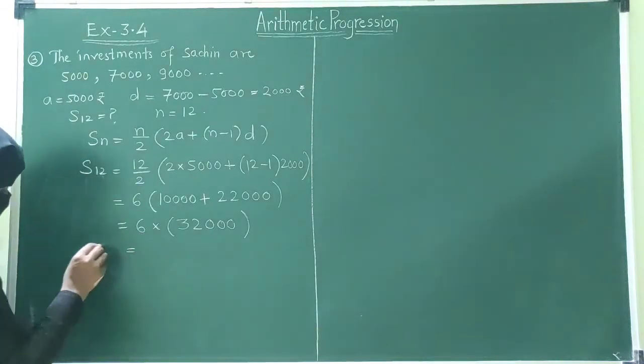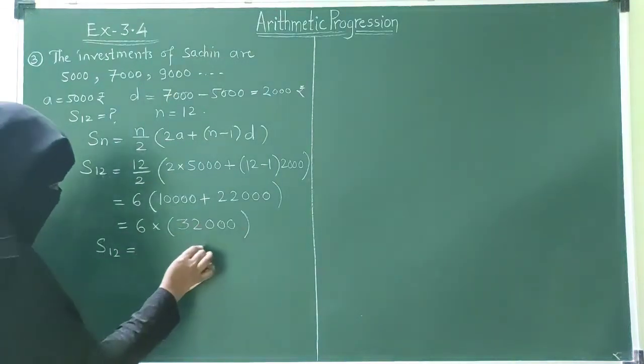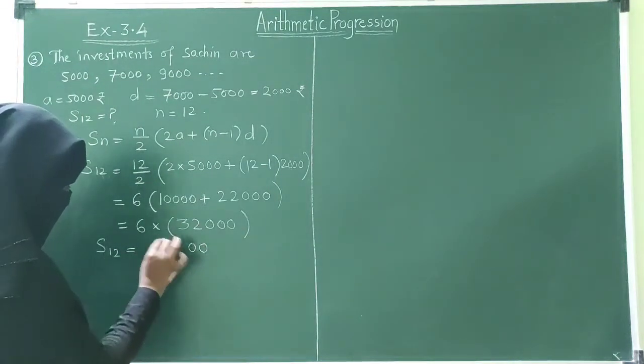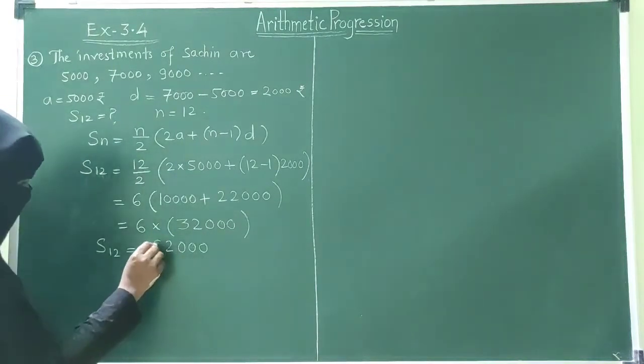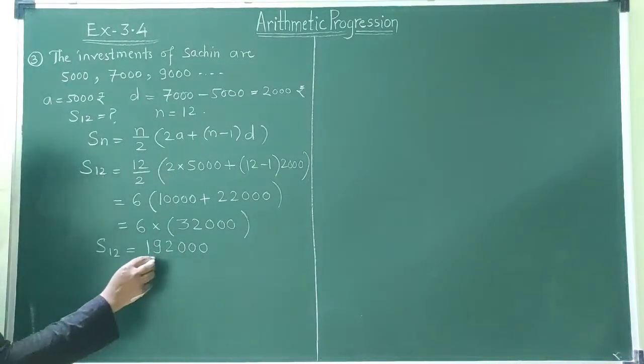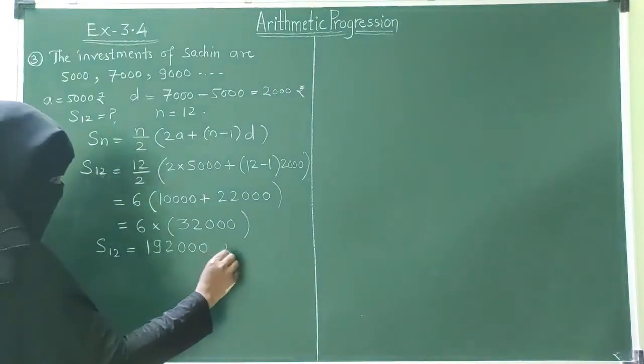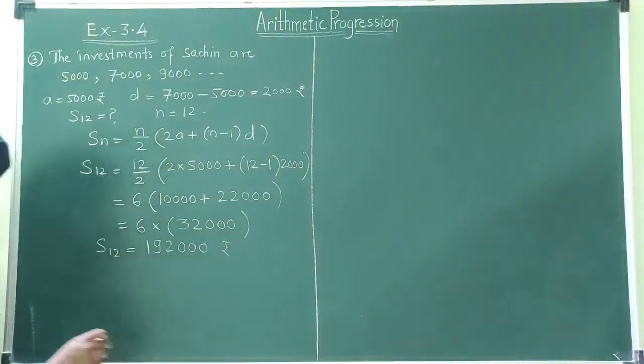Multiplying by 6 we get the total investment of Sachin: 6 2s are 12, 6 3s are 18 plus 1 is 19, so 1,92,000 rupees.